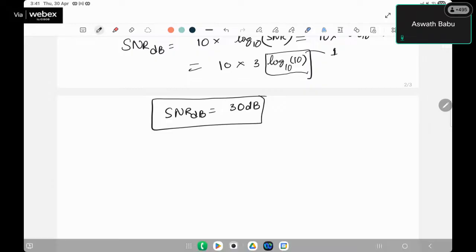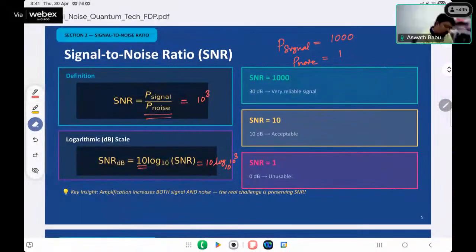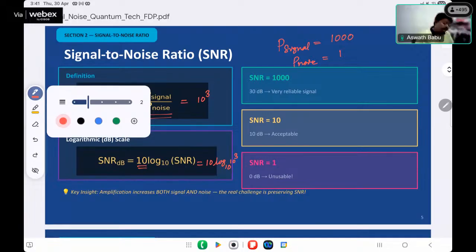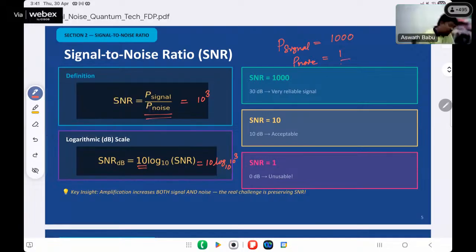So let's get back to our presentation. That is what we have. If my signal power is 1000 and the noise power is simply 1, then my SNR expressed in decibels is 30 decibels, and we'll say it is a very reliable signal.